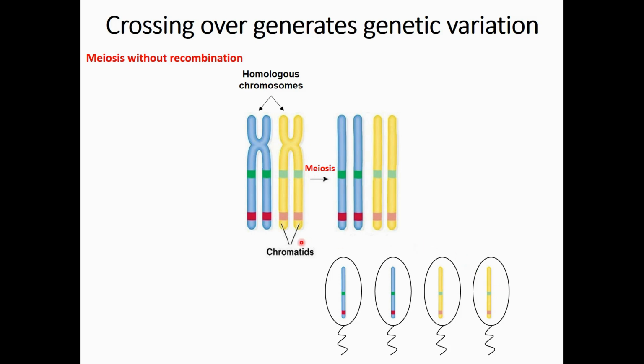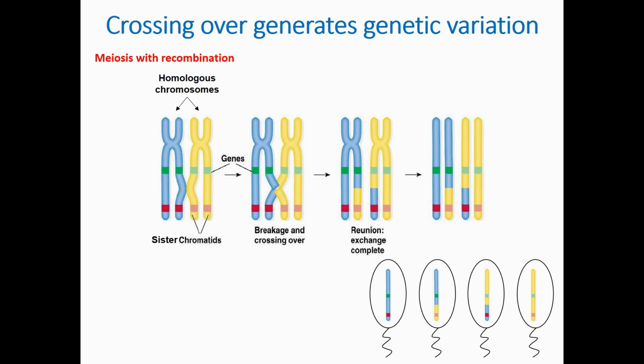But the point here is that without any exchange happening, these two genes, as you see them here, the green and the red gene, which could have different alleles in the yellow chromosome, the homologous chromosome, will always remain together. Green with red remain here, they remain here. The light green with the light red also remain together, and we end up with only 2 types of gametes generated in this case without recombination.